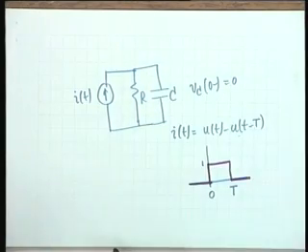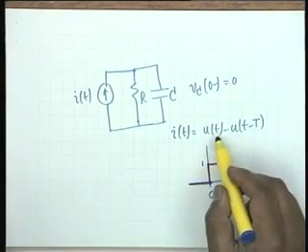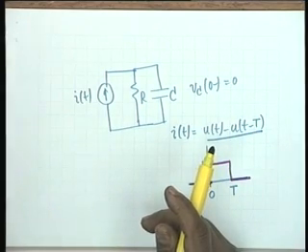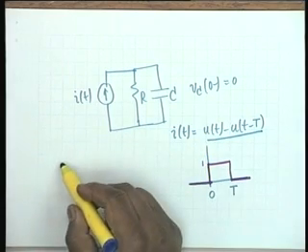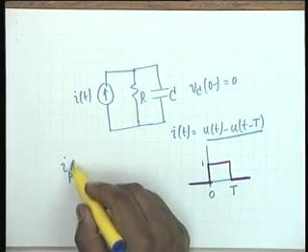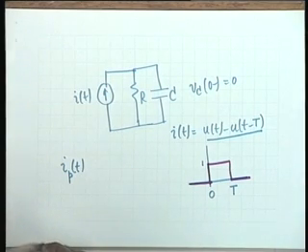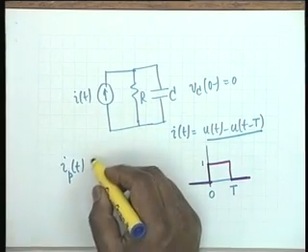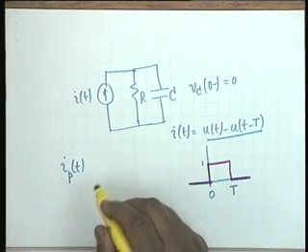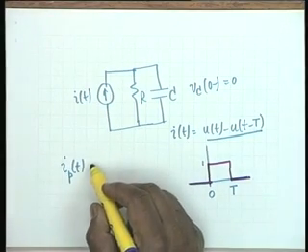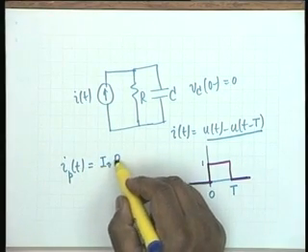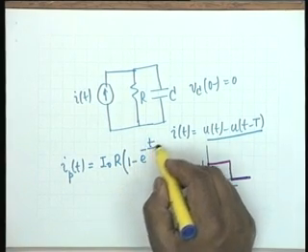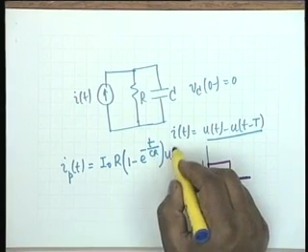We want to find out the response to this. Obviously, because the excitation is a superposition of two unit steps, the response, which I will call Vp(t), the response to a pulse, would be the superposition of two responses. That is, we go back to the unit step response, which was equal to I0 R times 1 minus e to the minus t by CR, multiplied by u(t).